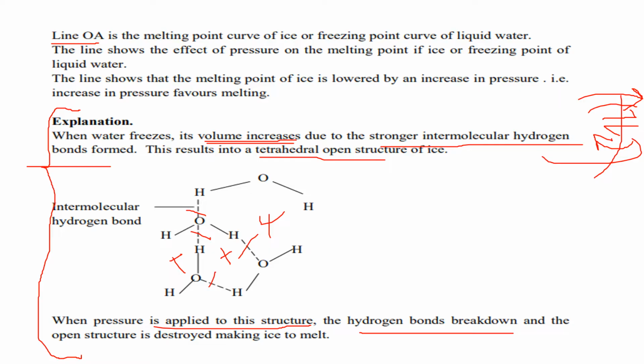So when pressure is applied to this structure, the hydrogen bonds break down, and as a result the open structure is destroyed, making ice melt. I hope that has been simple to understand.